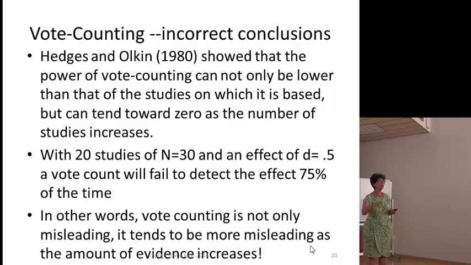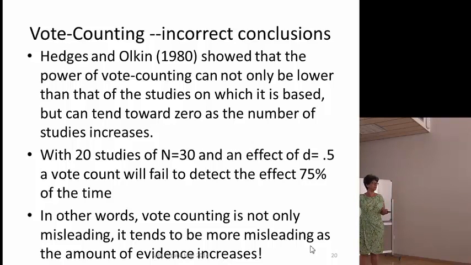So that's a really substantial difference, okay? So a vote count will fail to declare significance, the winner, 75% of the time. And we clearly don't want to mess with any technique that becomes more misleading as the evidence increases.